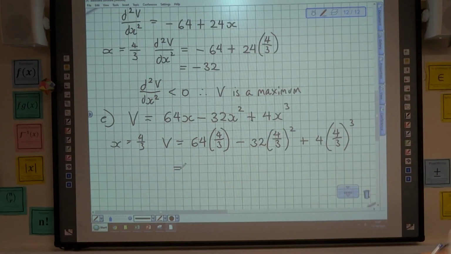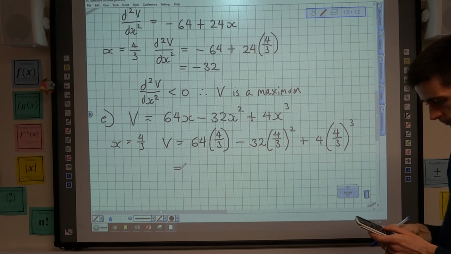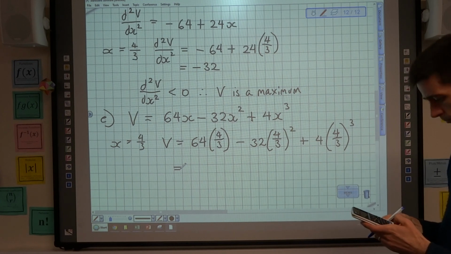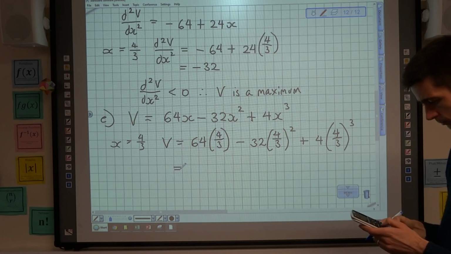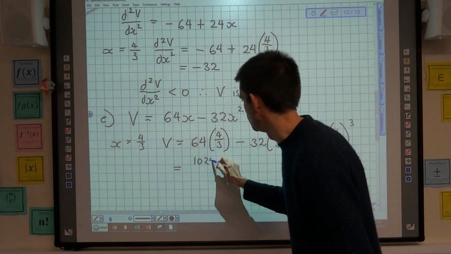So substitute that in. So that gives 1024 over 27.